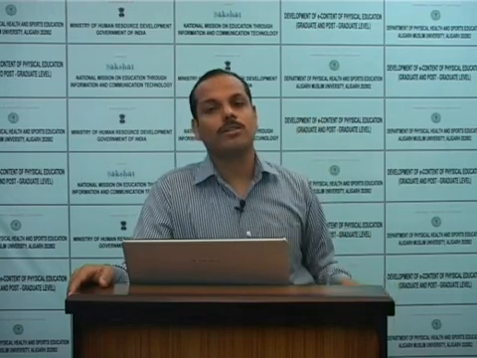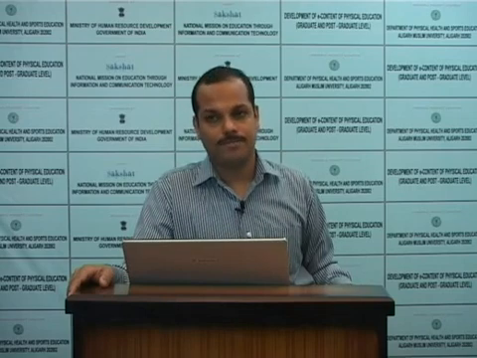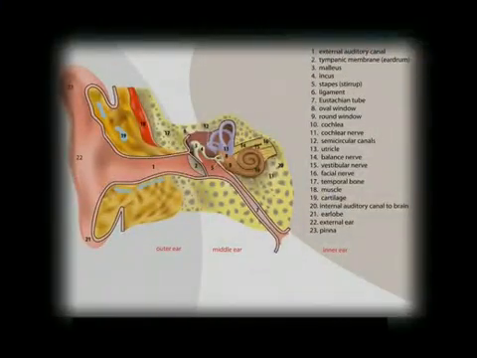The major part of the internal ear is the cochlea. The cochlea is divided into three cavities by two membranes, Reissner's membrane and the basilar membrane. These cavities are scala vestibuli, scala media, and scala tympani.